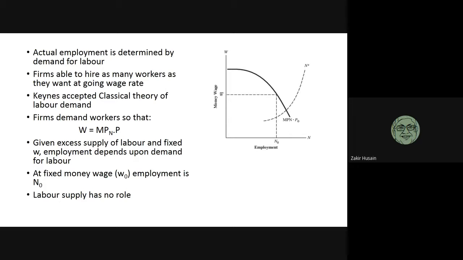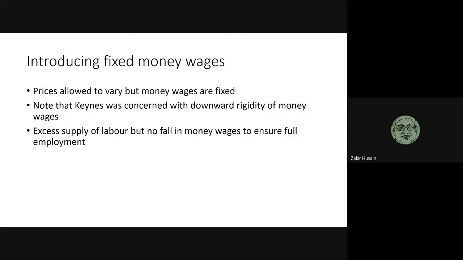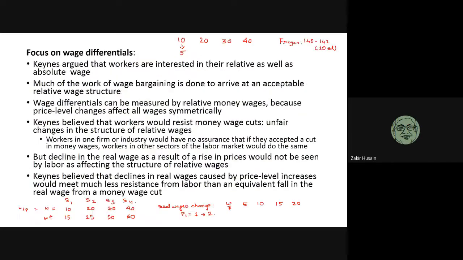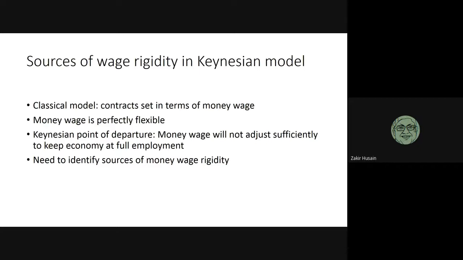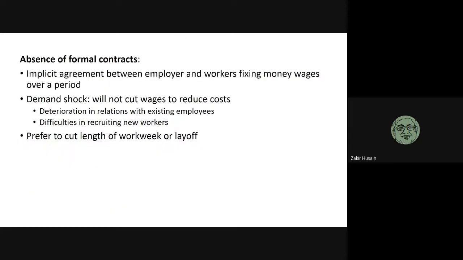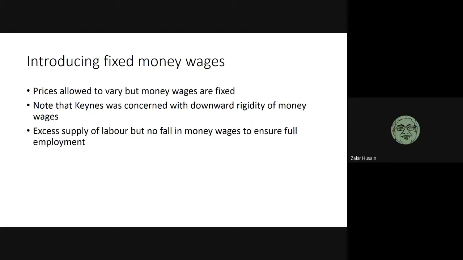Okay, anyway, I hope you have understood these slides. But still I'm repeating it. See, when Keynes had assumed that there was downward wage rigidity because of these three reasons, what we are doing now is introducing this downward wage rigidity into the model.